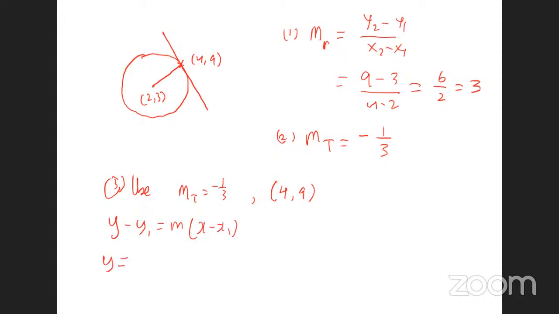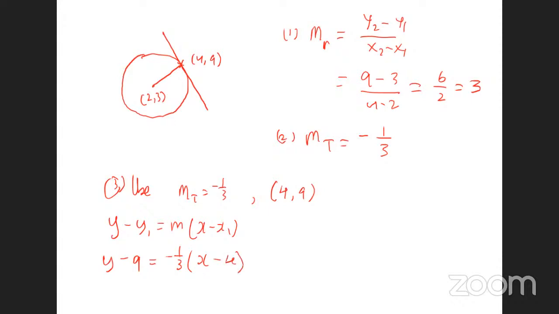So it's y minus 9 is equal to minus 1/3 by x minus 4.